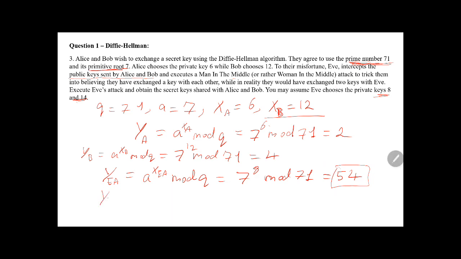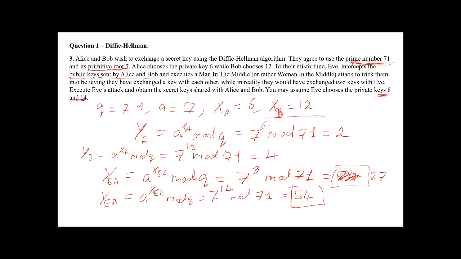So it's YEB, which is equal to A^XEB modulus Q, which is equal to 7 power 14 in this case, modulus 71, which is equal to, actually, I'm sorry here, this one is equal to 27. This one is equal to 54. Okay.